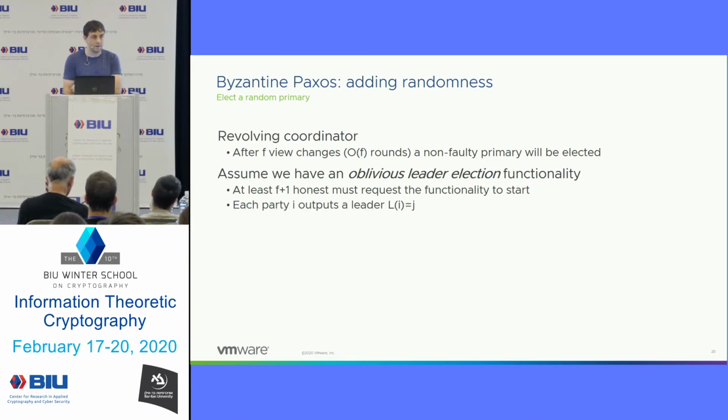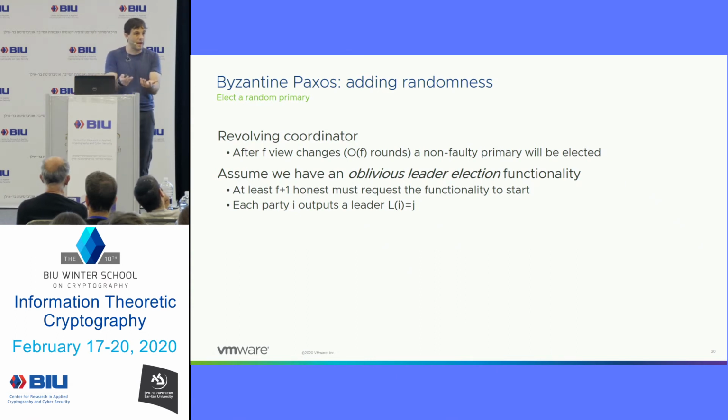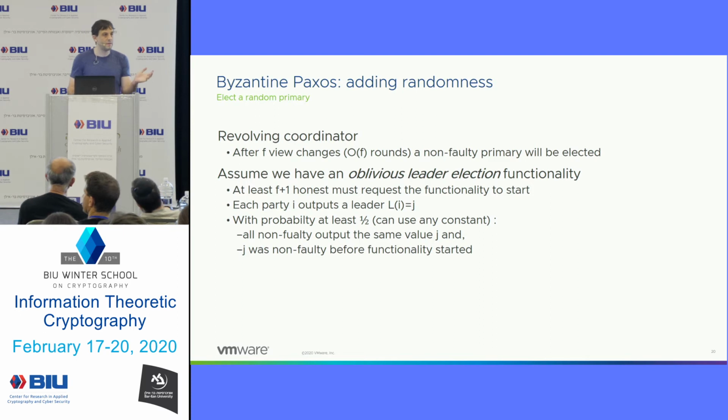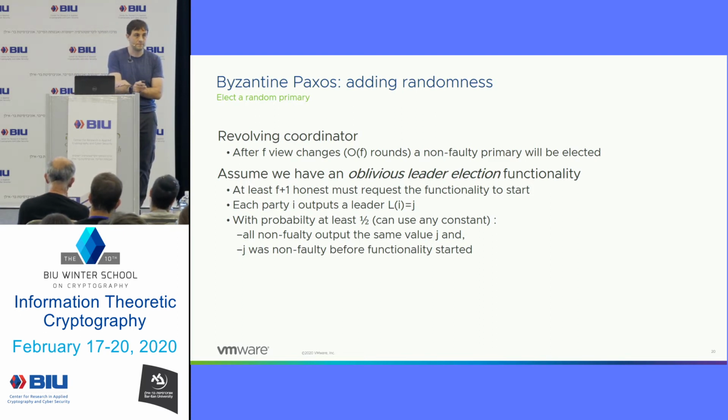here's kind of the functionality. You have to request, and at least f plus 1 honest need to request in order for this functionality to start. And the functionality gives you back an answer. Here's the leader. And let's assume that this is a very weak type of leader election functionality, that with constant probability, everybody sees exactly the same value, and this chosen party is not faulty.